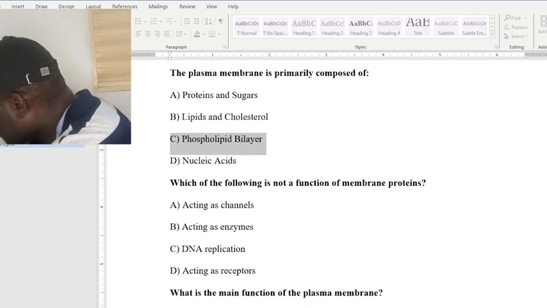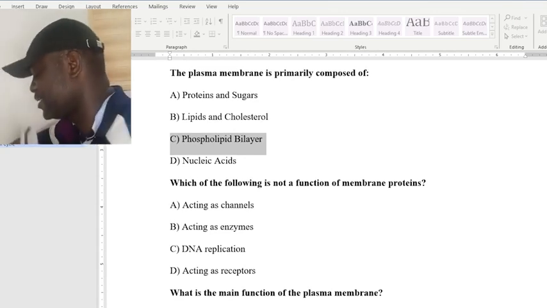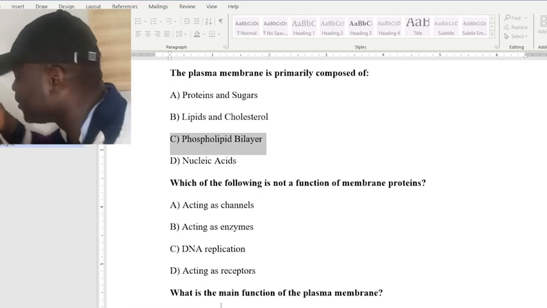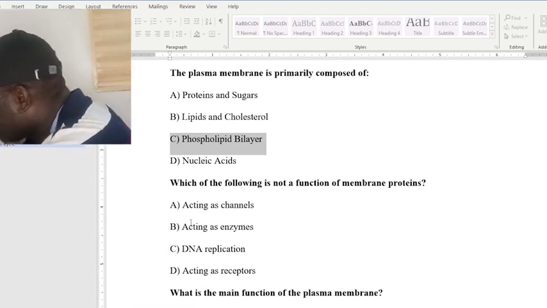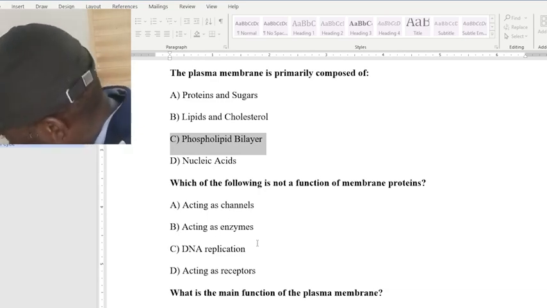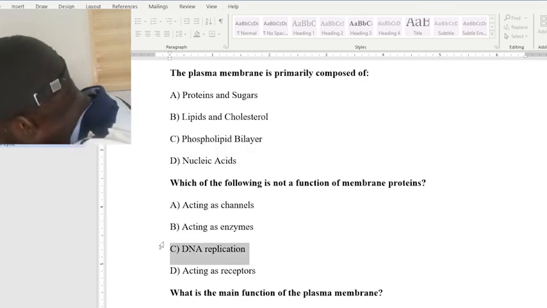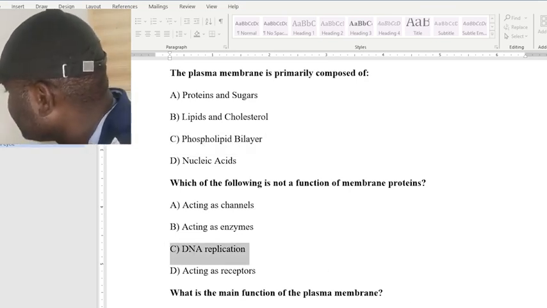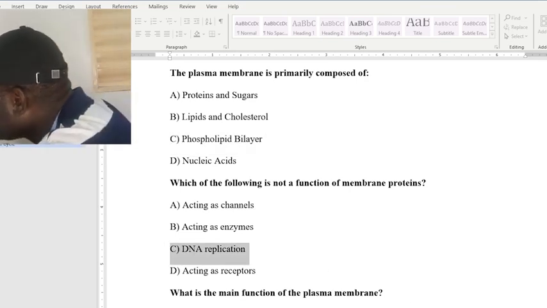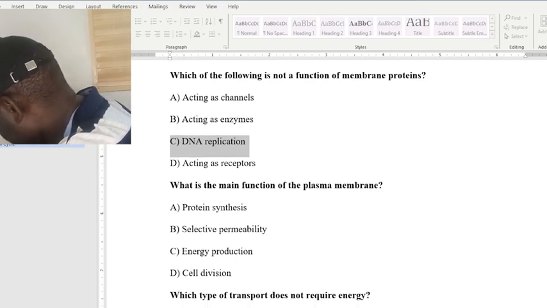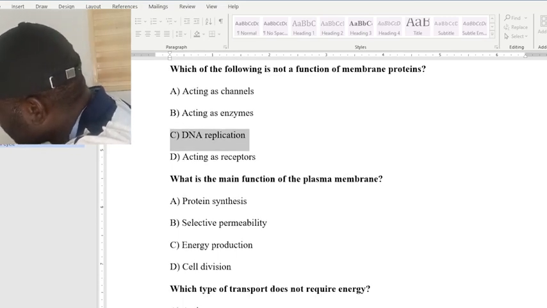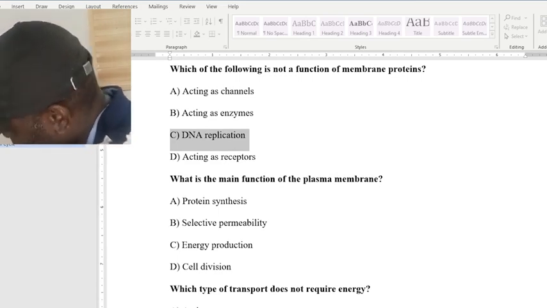What is the smallest functional unit of the body? Cells. Almost all of you will be able to answer this question. The human body originates from a single cell called the zygote. The plasma membrane is primarily composed of phospholipid bilayer.